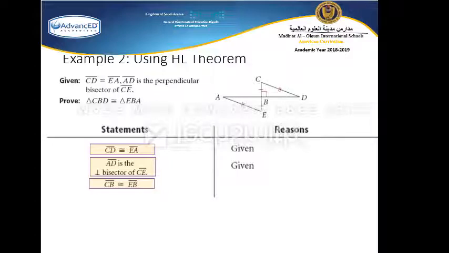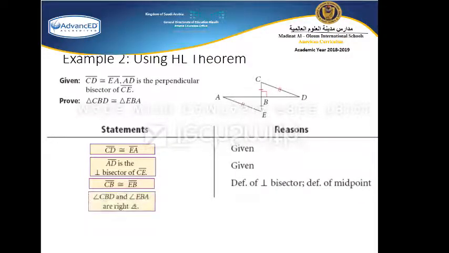Then CB is congruent to EB by the definition of perpendicular bisector. And we have that angle CBD and angle EBA are right angles, because of the definition of perpendicular lines: perpendicular lines make right angles, so the two angles are right angles.